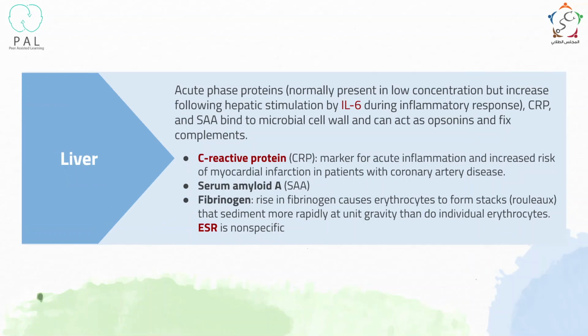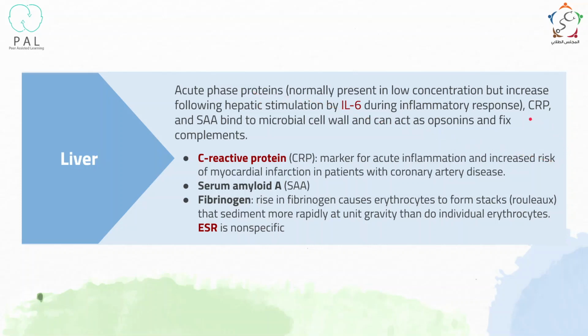Acute phase proteins or reactants. These are usually released by the liver. They are normally present in low concentrations, but increase following hepatic stimulation by interleukin 6. So interleukin 6 stimulates the liver, and the liver in its role releases acute phase proteins.